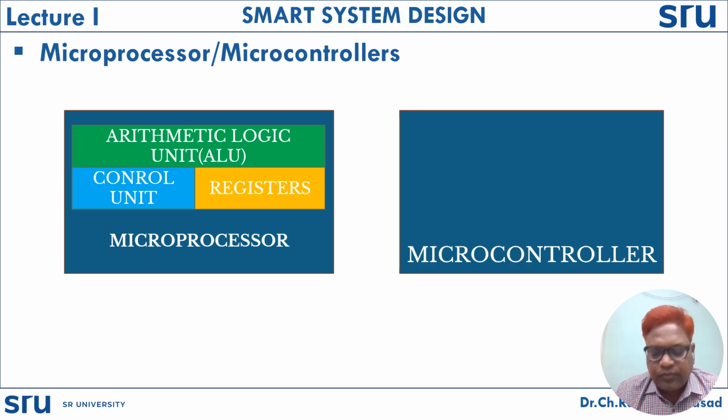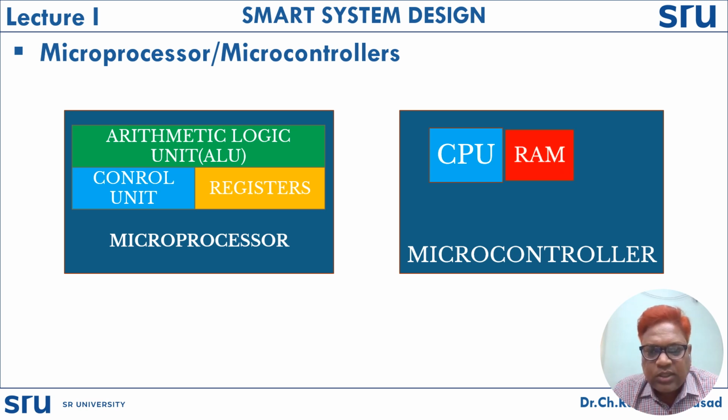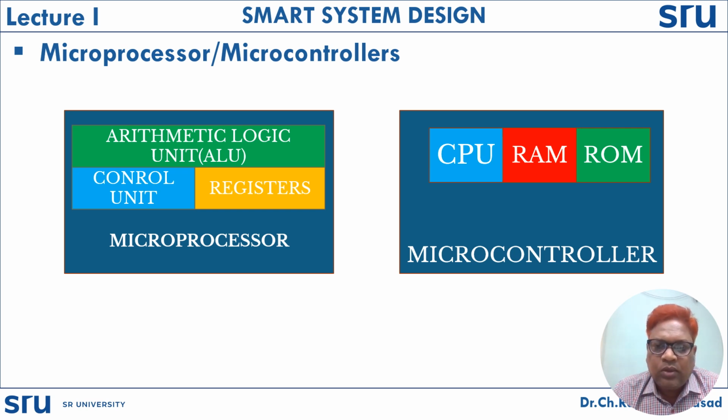And another one is the microcontroller. The microcontroller is nothing but an entire system. Whatever smart system you design for a specific application, available on a single IC, is known as a microcontroller. This microcontroller includes the CPU, which means the microprocessor, along with temporary memory and permanent memory, and IO ports.